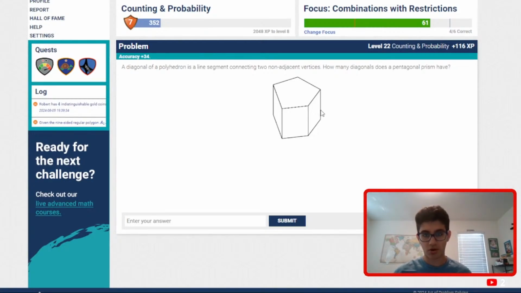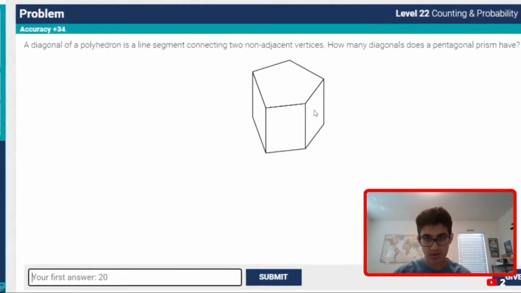Let's say you're starting at this point over here. You can't include that or the three neighbors. So that leaves you with 4. So 10 times 4 divided by 2 because each diagonal gets counted twice. So it should be 20.